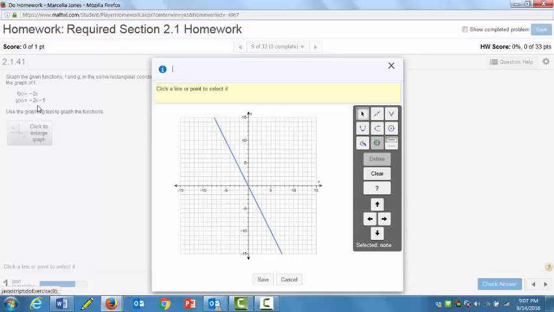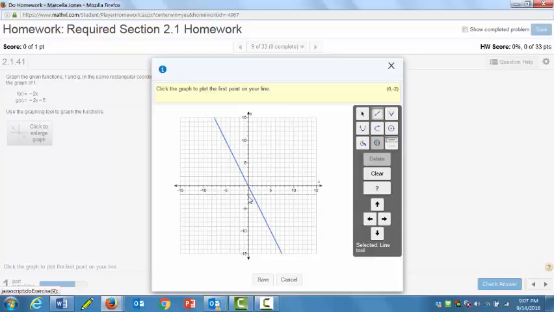So this means g takes every point of f and shifts it 5 units down. So I'm going to pick the line tool again. And now I can start at any point on f. I want to start at a point whose coordinates are integers. And I'm going to move 5 units down.